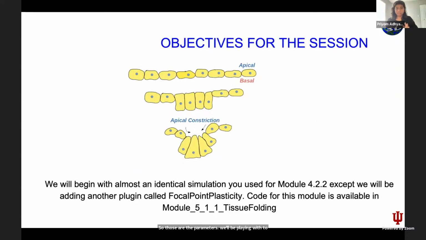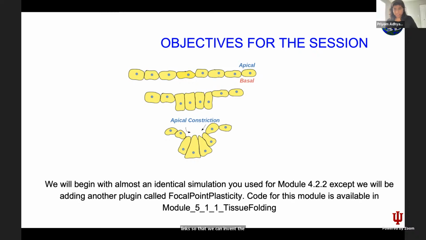The objective for the session is that we're going to start with an epithelium, which is going to comprise an apical and basal side that you saw Julio generating yesterday. We're going to put specific links between the apical compartment, and we're going to change certain properties of the FPP links so that we can invaginate this tissue.